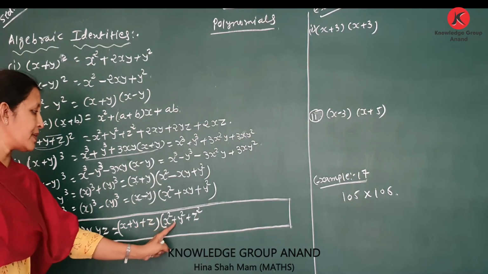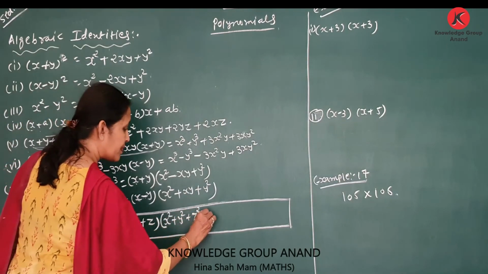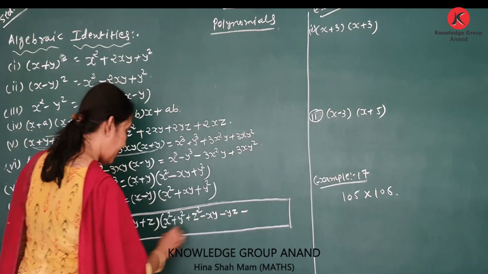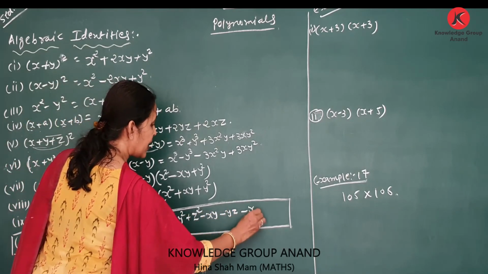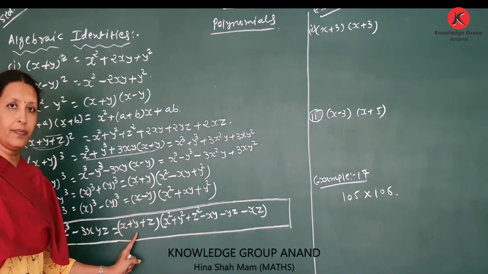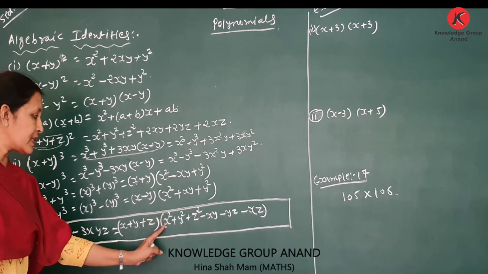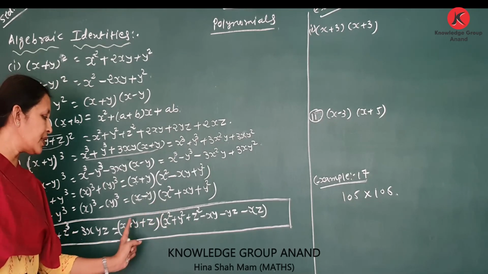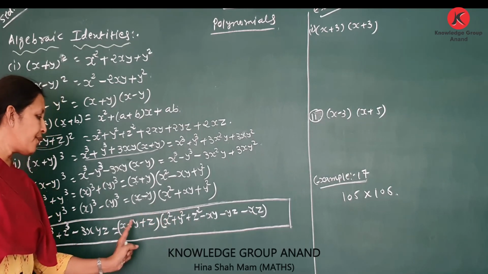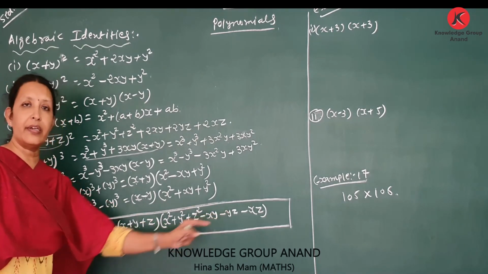Clear? x square plus y square plus z square, minus the multiplication of both terms xy, minus the multiplication of second and third, yz, minus the multiplication of first and third terms, xz. Here again, first bracket x plus y plus z, second bracket from the square of these three terms, and the multiplication of first and second xy, yz, xz with minus, minus, minus.